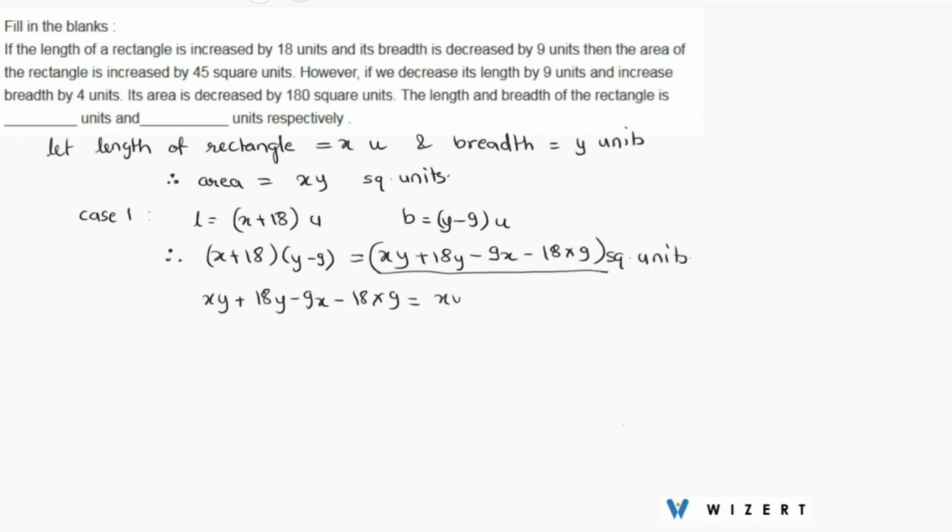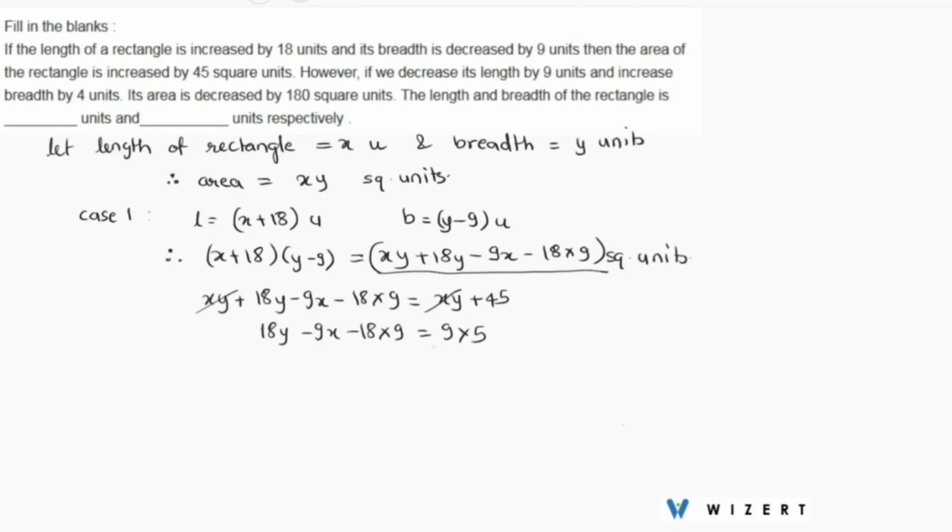This is equal to xy plus 45. So xy gets cancelled from both sides and we can write 45 as 9 multiplied by 5. So we have 18y minus 9x minus 18 into 9 equal to 9 into 5.